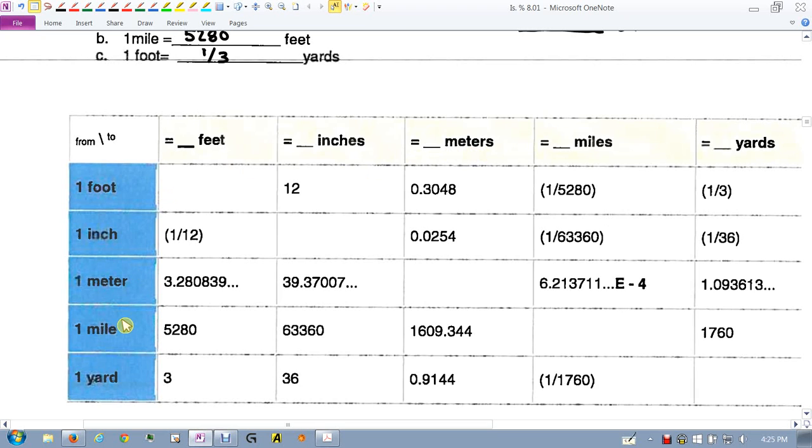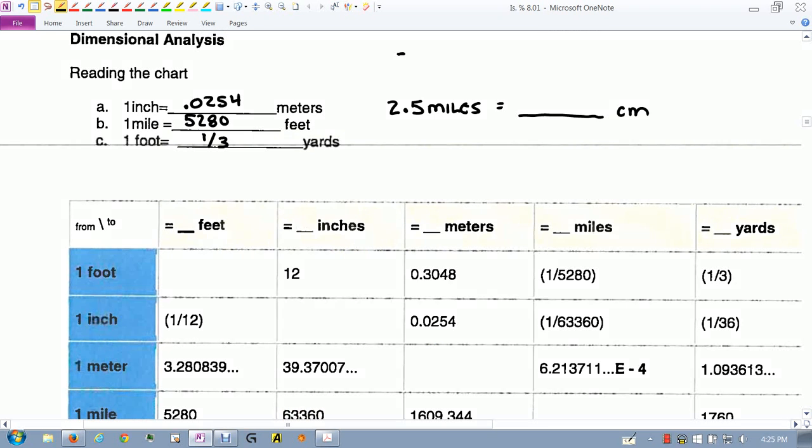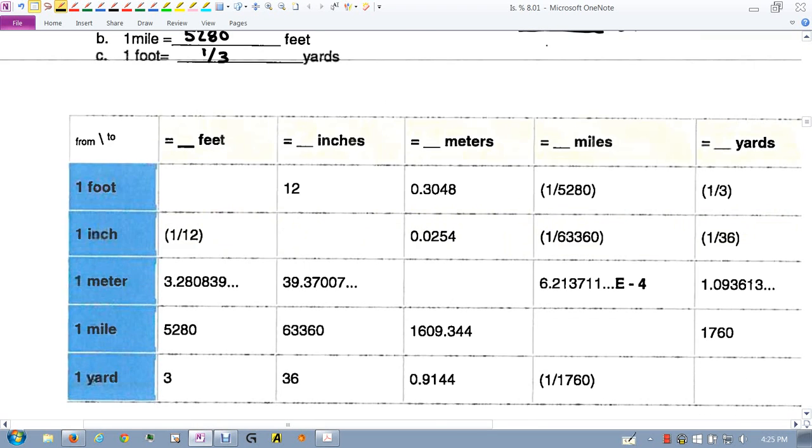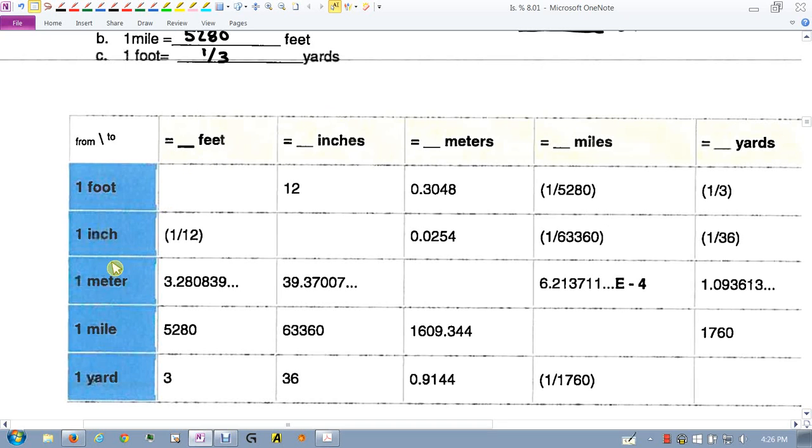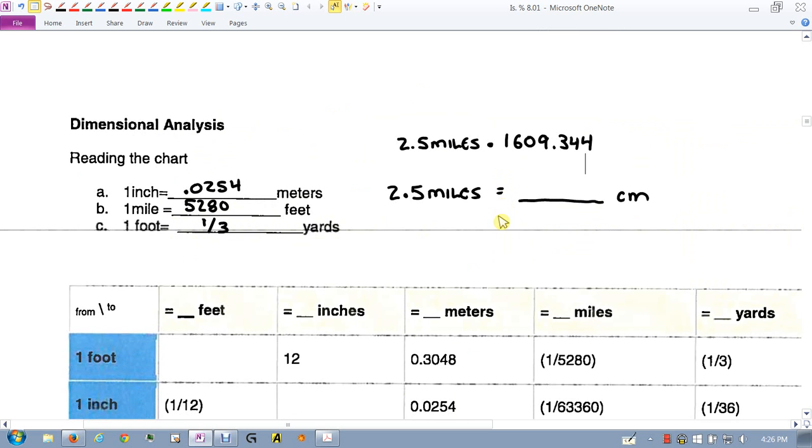But we're not converting 1 mile, we're converting what? 2.5. So first thing I would do is take 2.5 miles and multiply it times 1609.344. Did I do that right? 1 mile is this many meters.